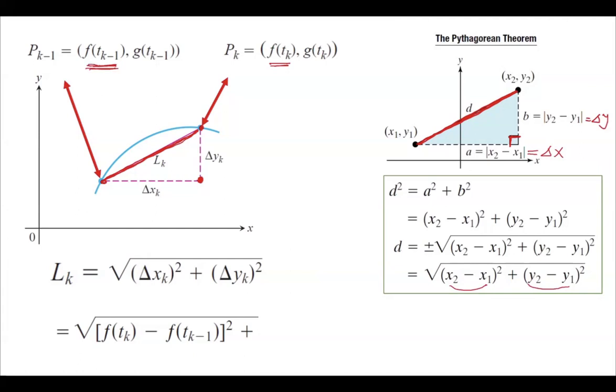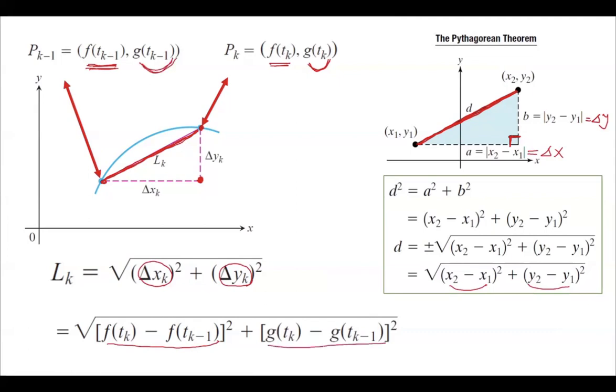So delta x sub k can be written as f of t sub k minus f of t sub k minus 1, plus delta y to the second, and with the same argument, delta y sub k is the difference between g of t sub k and g of t sub k minus 1. So that's how you end up with g of t sub k minus g of t sub k minus 1. Since we are squaring this, we raise it to the second power.